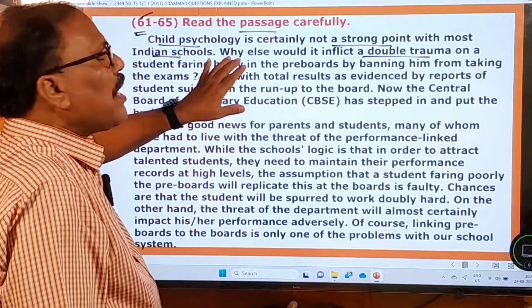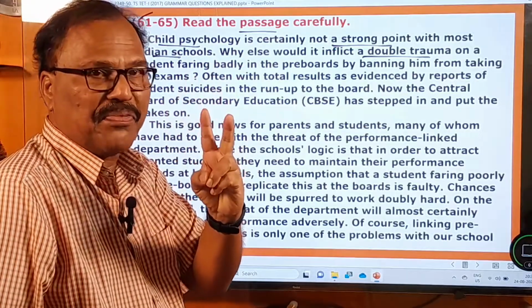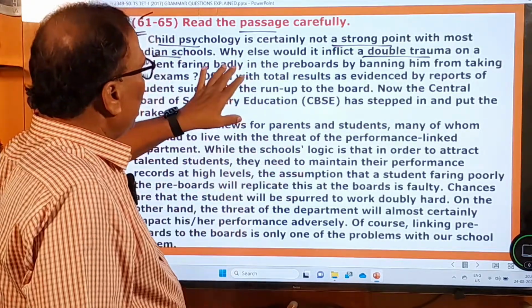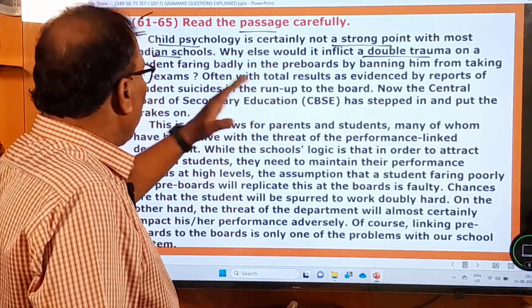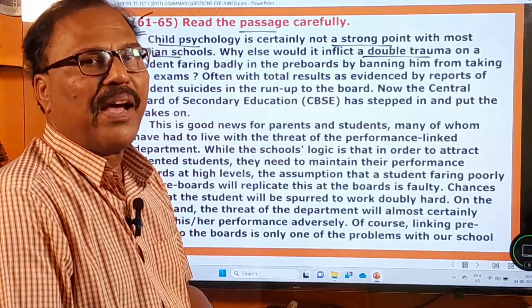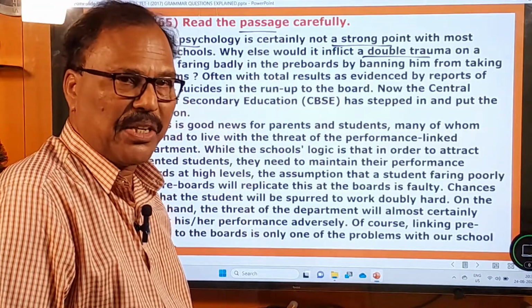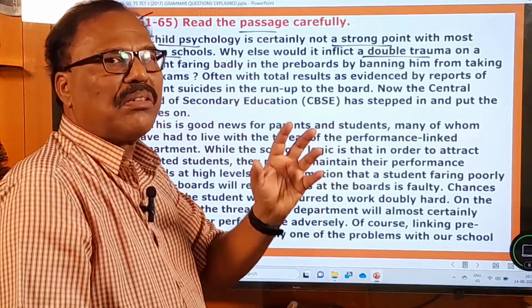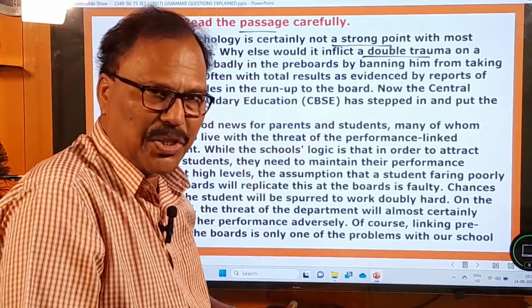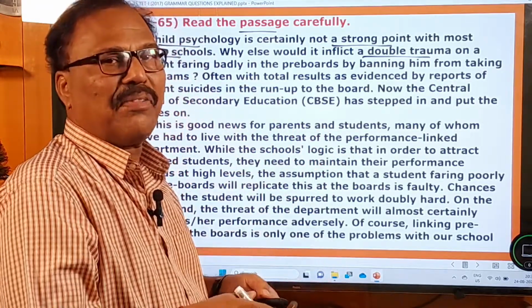So here they are giving 2 kinds of punishments for the children. How? They are failing in the pre-board examinations. That is one punishment for them, and they are also not allowed to take the final examinations or board examination. In this way, the students are subjected to a lot of mental anguish, a lot of pain, a lot of grief.